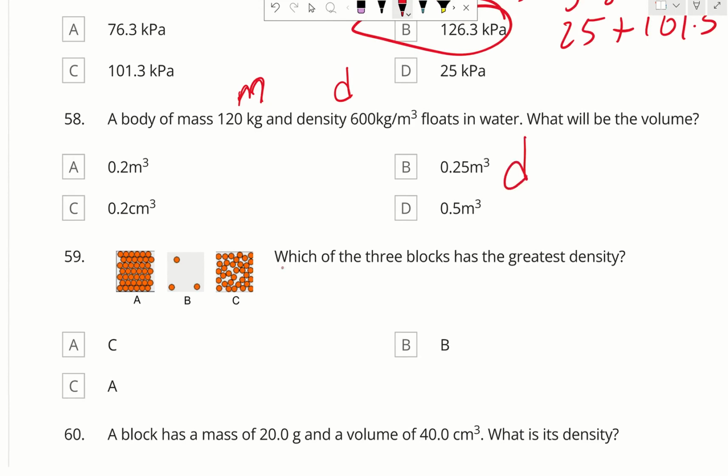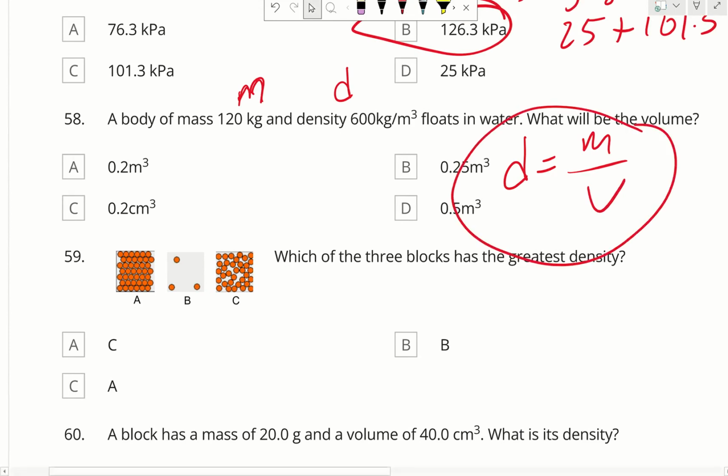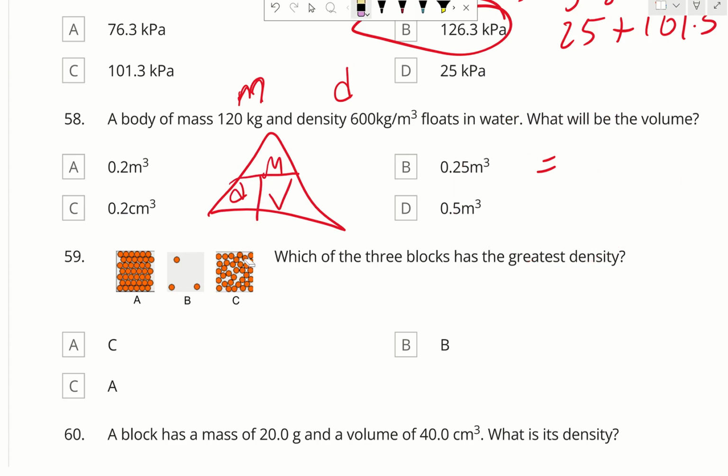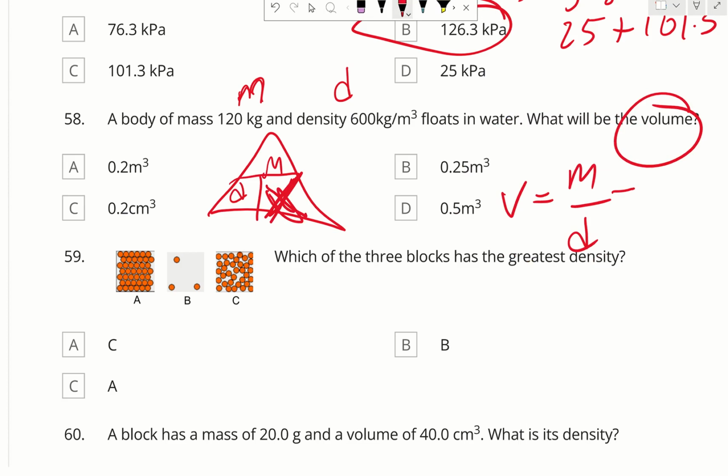So there's D equals M over V. You'll have this formula in your exam, or if you want, you could use the triangle, M, D, V. So if I want to know what my volume is, cancel this out. V equals M over D. My mass is 120. Density is 600.